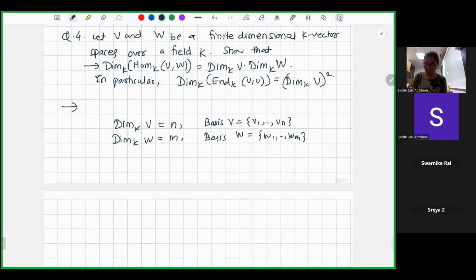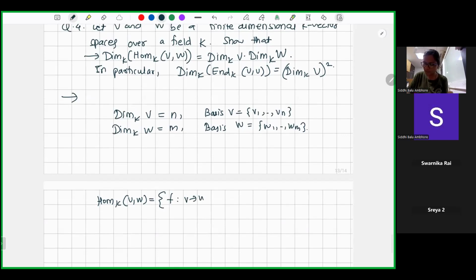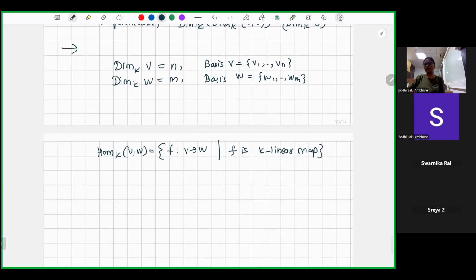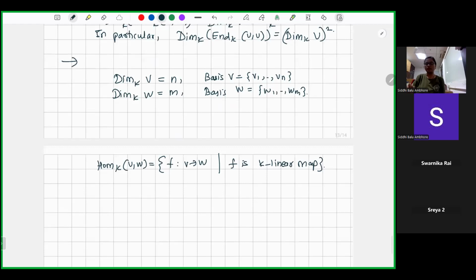Hom_K(V, W) is the collection of all f from V to W such that f is a K-linear map. When I say K-linear map, in the second property of linearity the coefficient is coming from K. And this End_K(V, V) is similar: all those f from V to V such that f is K-linear.